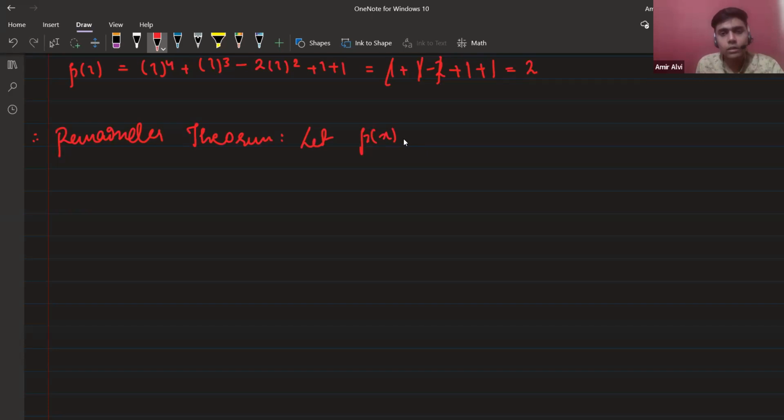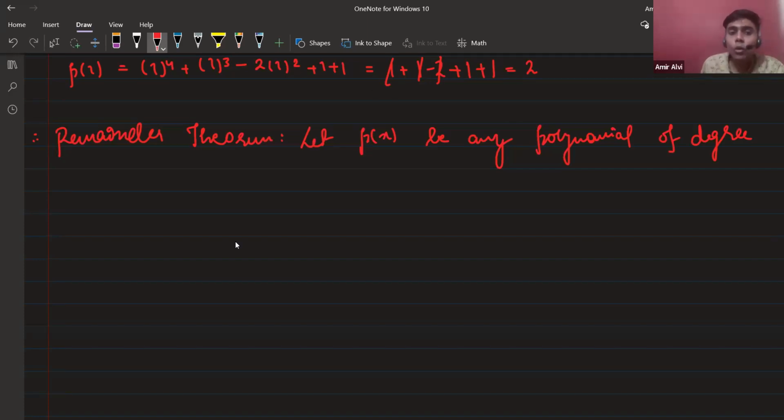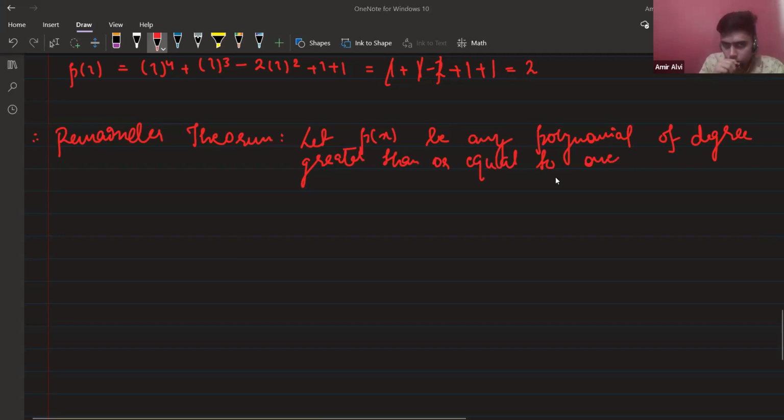Let p(x) be any polynomial of degree greater than or equal to 1, and let a be a real number.